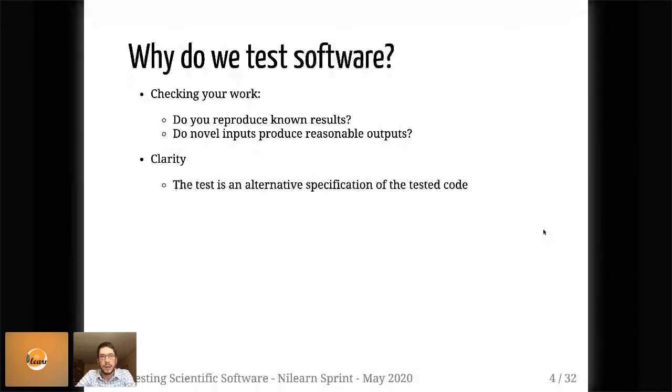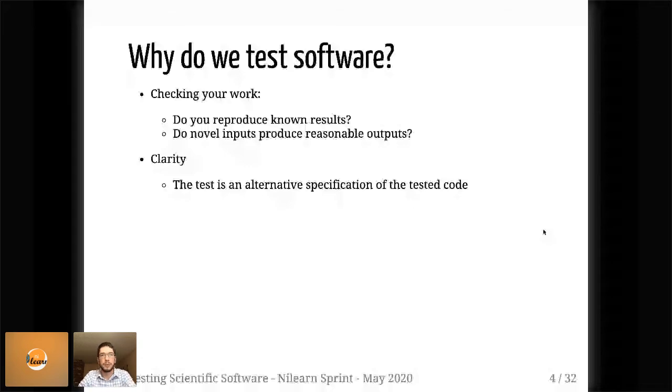Some of it is just helpful for clarity of thinking. The code is one specification of a scientific method that you're trying to promulgate, and another way of specifying it is putting constraints on, defining what are my inputs, what are my outputs.